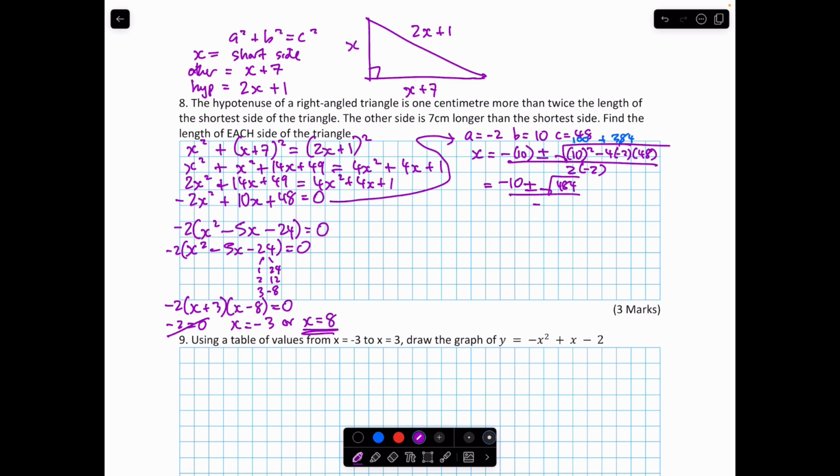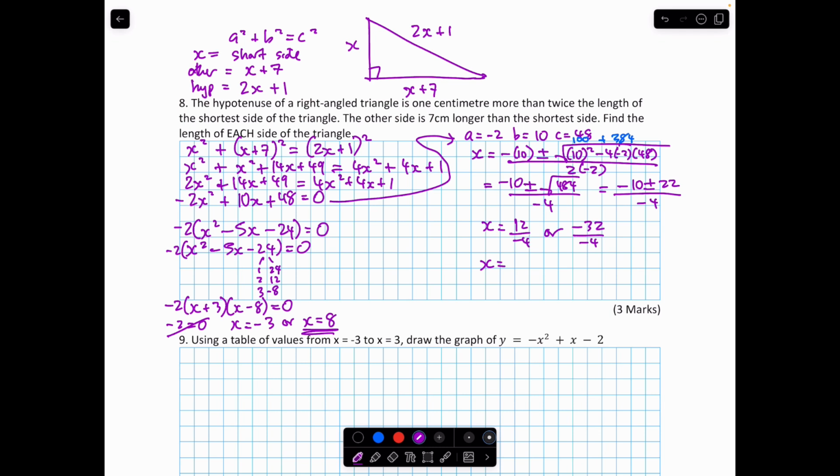2 times -2 is -4. Now 484 must be a square number. It's 22. So -10 plus or minus 22 over -4. So x is going to be -10 plus 22, which is 12 over -4, or -10 take 22, -32 over -4.